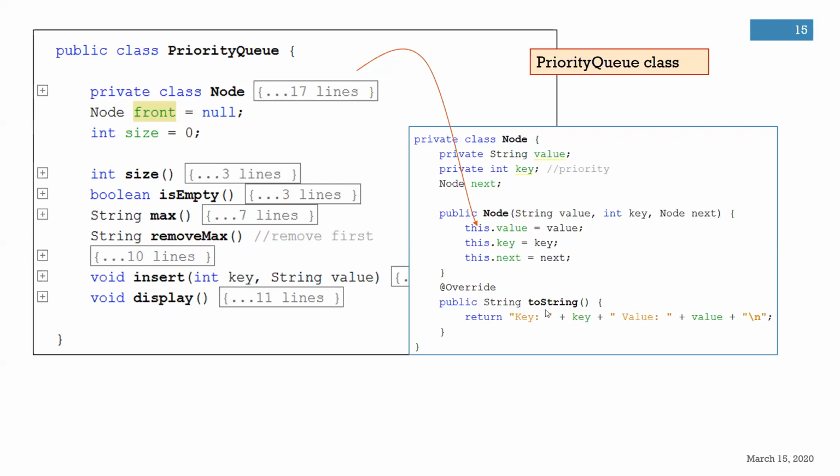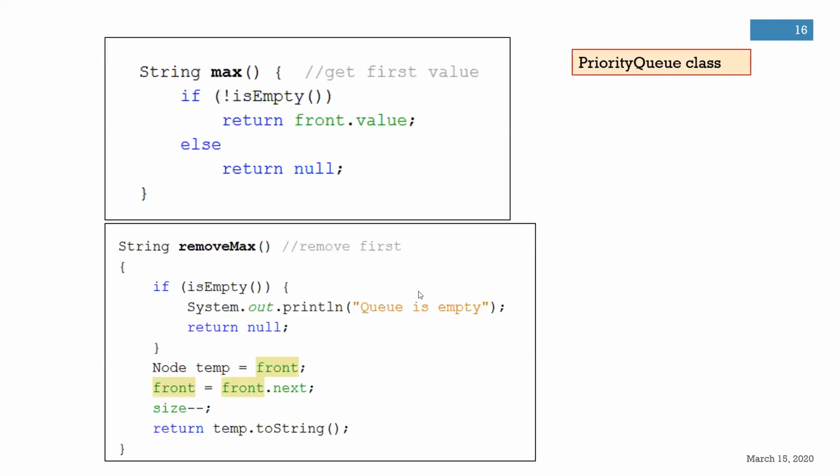Also this is toString, everybody knows, for displaying values, we can format any members or values for this object. The next for max and remove. Max will return the front value. To remove, we just remove from the front.